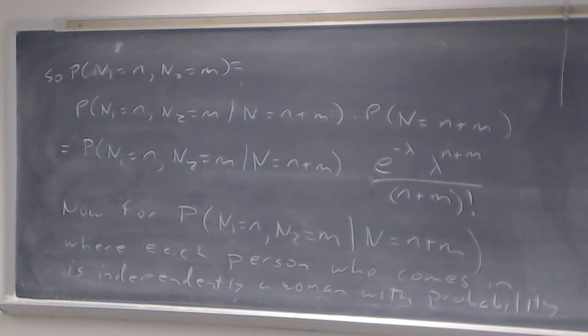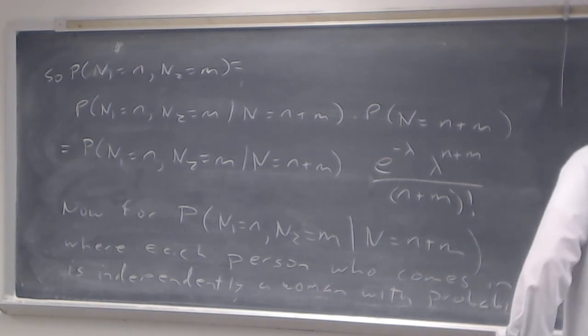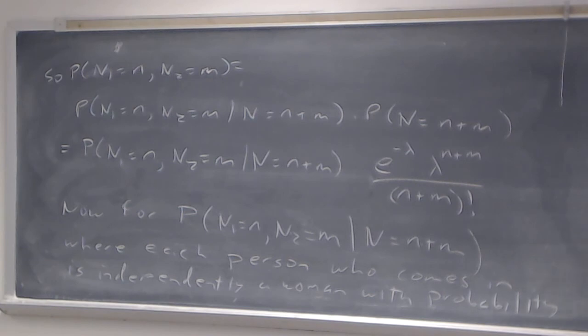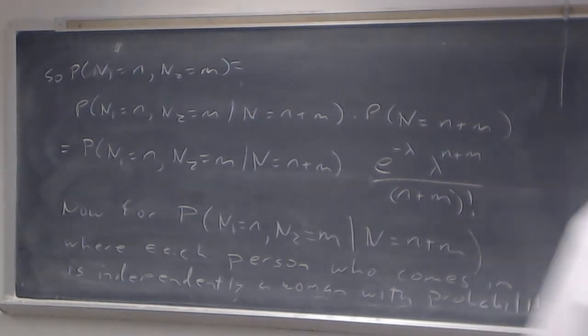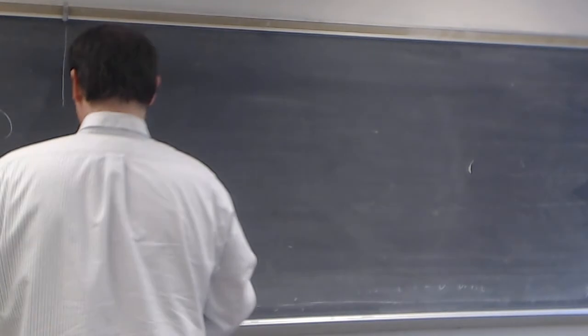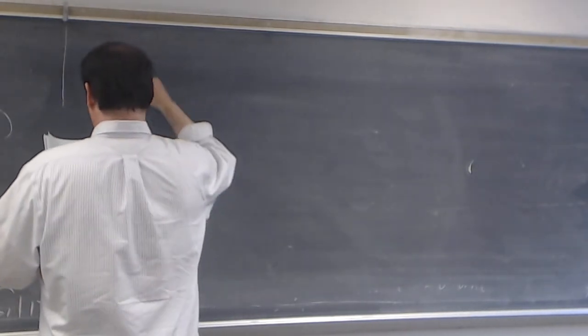What we mean by independence here is that what happens for one person coming in doesn't affect the next person coming in. It doesn't affect the likelihood of the gender of the next person coming in.